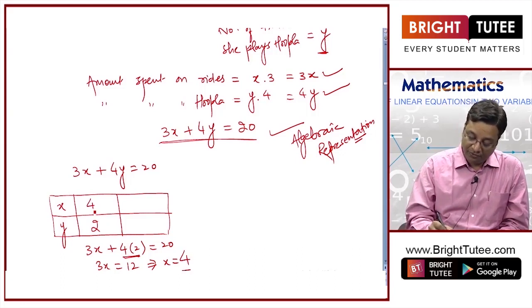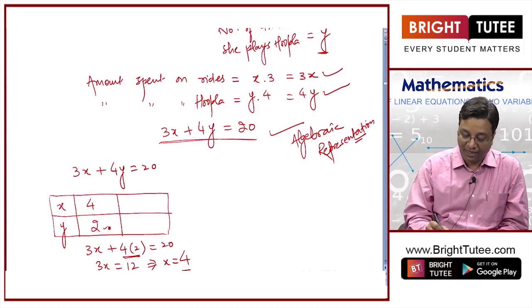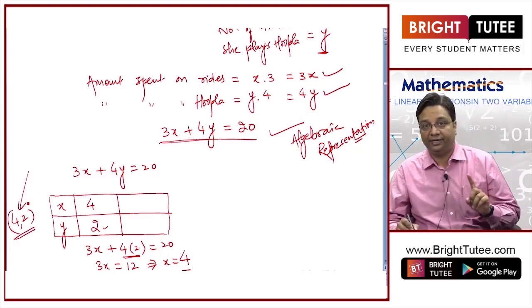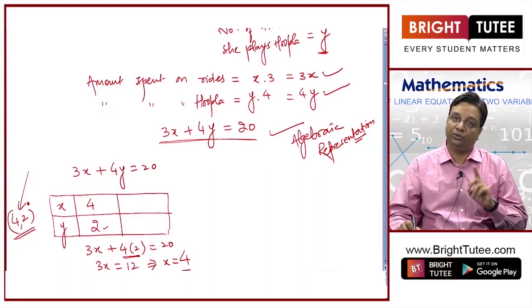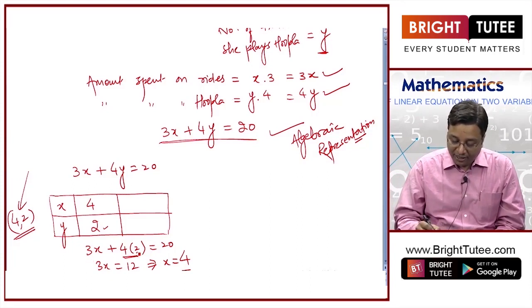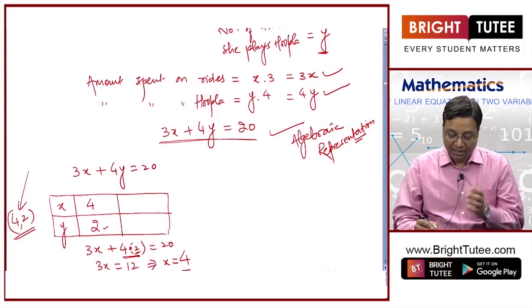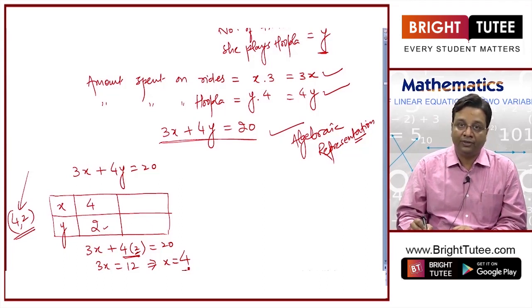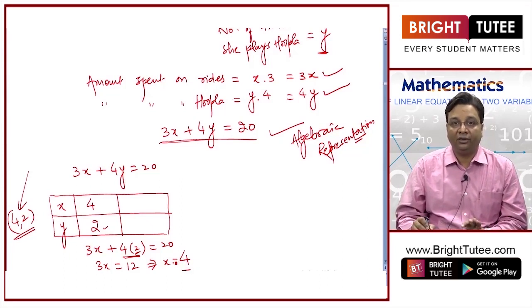So x will be 4 corresponding to y equal to 2. So we have got 1 point here, which is (4, 2). This will act as one point in 2-dimensional space. Why did I take y equal to 2 here? Because I knew if I take y equal to 2, it will give me 3x equal to 12 and x will be equal to 4. So it is an integral value.